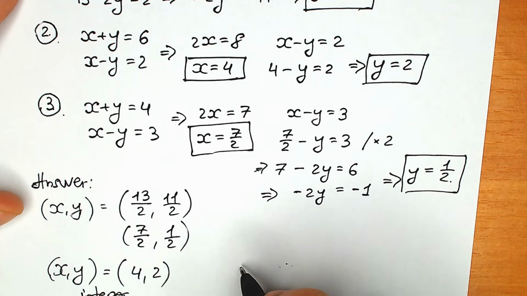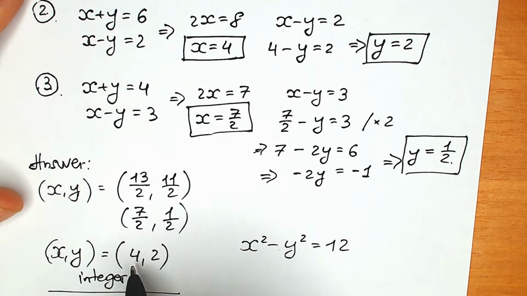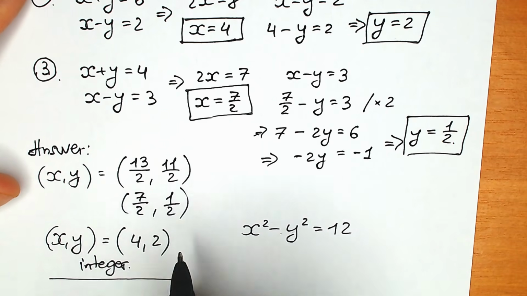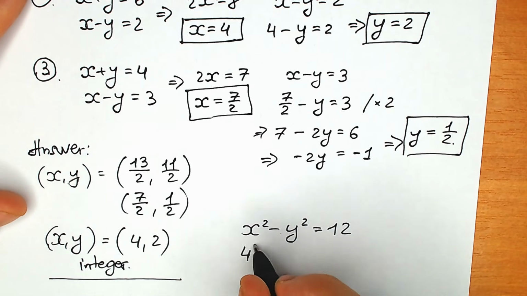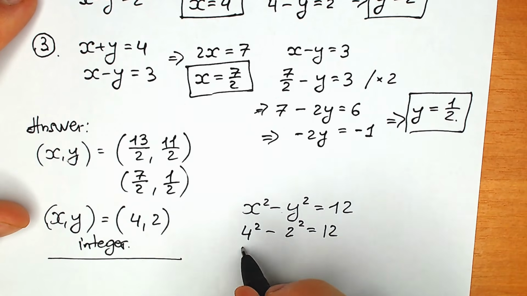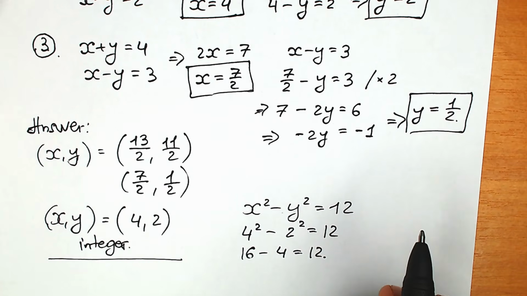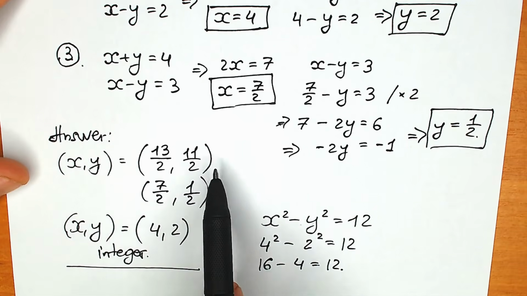From the beginning, our question looks like this: x square minus y square equal to 12. So from here, our x equal to 4. So we have 4 square minus 2 square equal to 12, and this works perfectly because we have 16 minus 4 equal to 12, which is absolutely correct. So if you need to solve this question completely, you need all of these pairs.